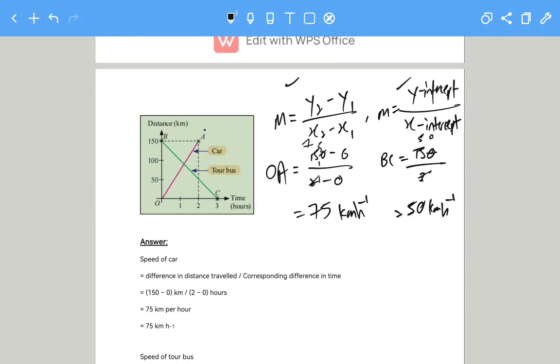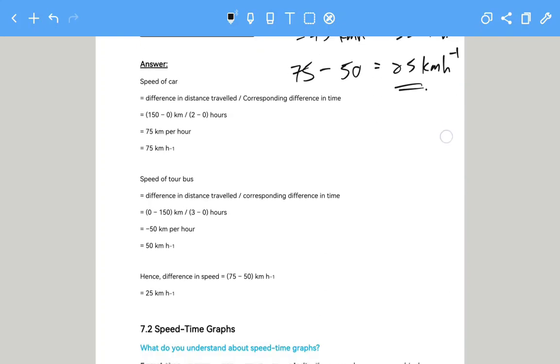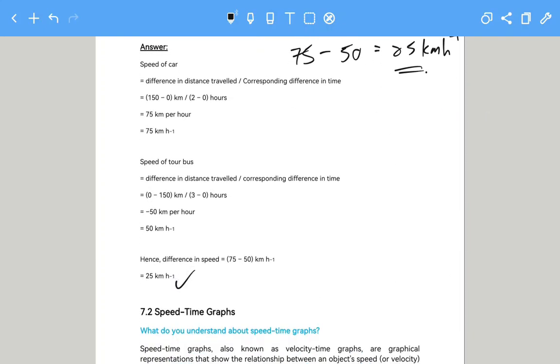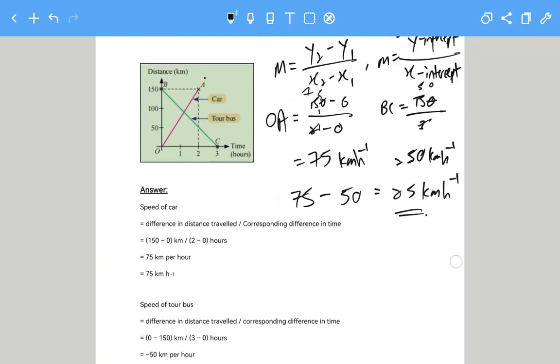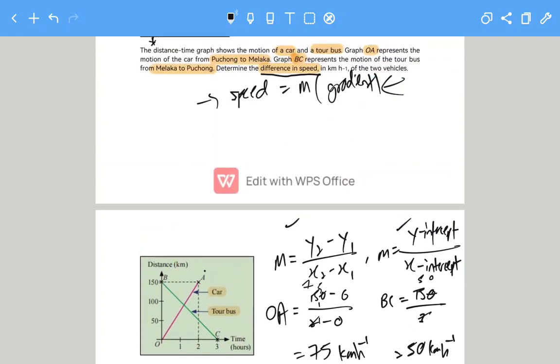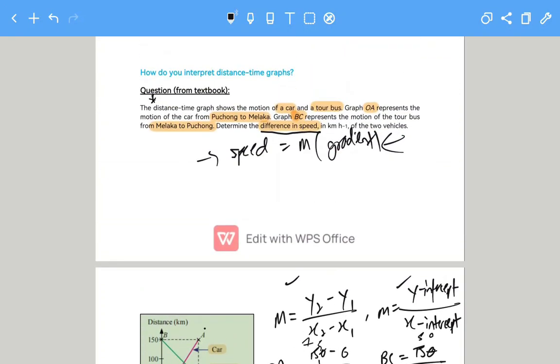So we just minus it. 75 minus 50, how much? 25, right? Kilometer per hour. So let us see. Yes, it's correct. It's just as simple as that. Remember, if the question wants us to find speed, we just find the gradient in the graph. It's just for distance time graph.